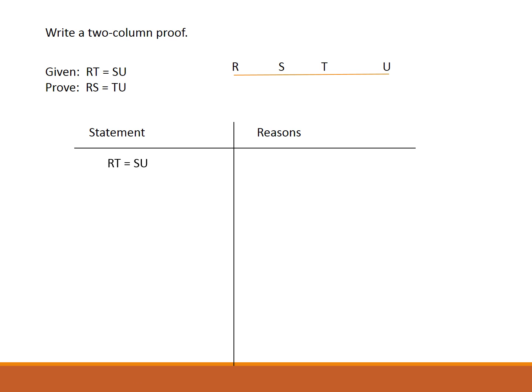So let's start out with RT equals SU. Notice we're not given an explanation now. We're just going to give the reason, given. Now, we're going to have to introduce, so whenever we want to introduce, we can do the segment addition postulate. So RS plus ST equals RT. Now I've got RS.